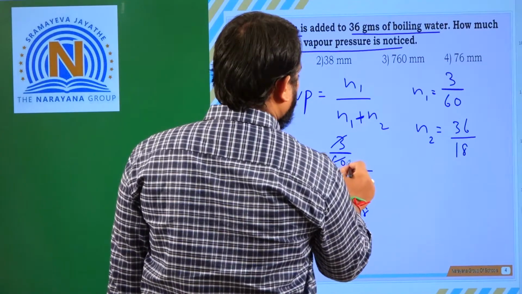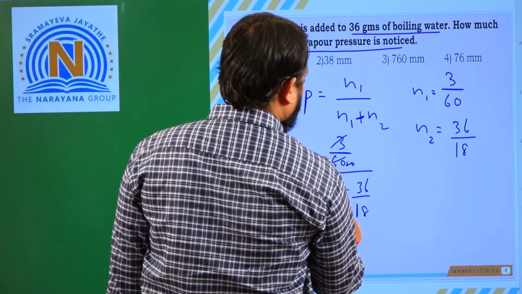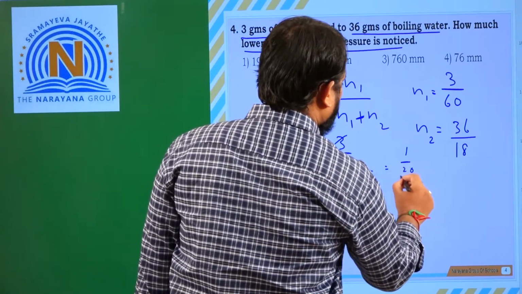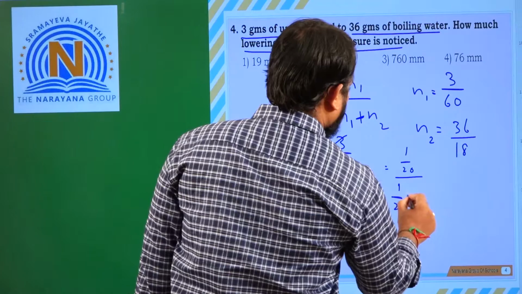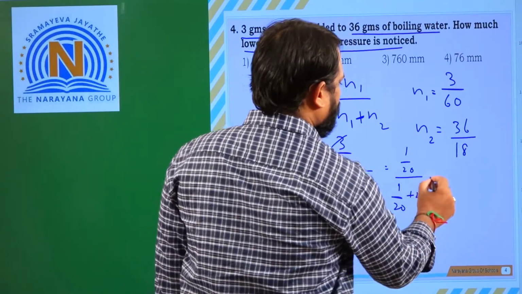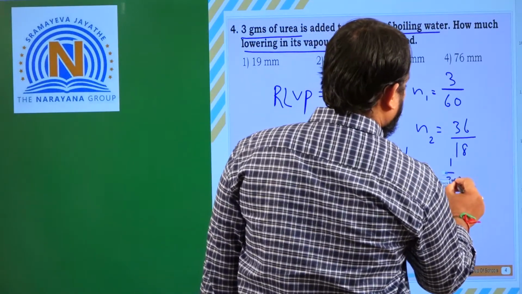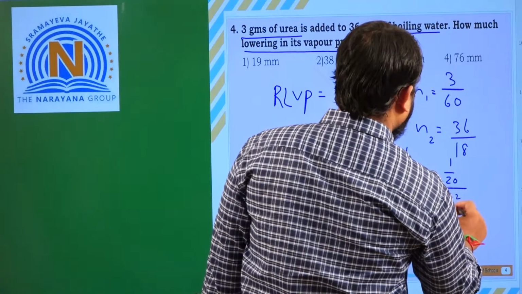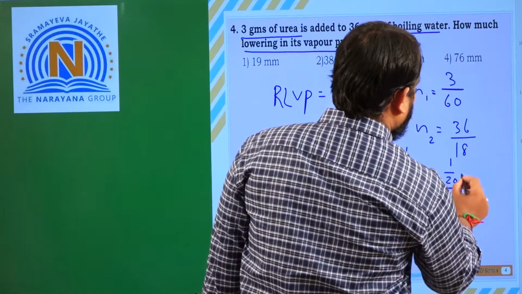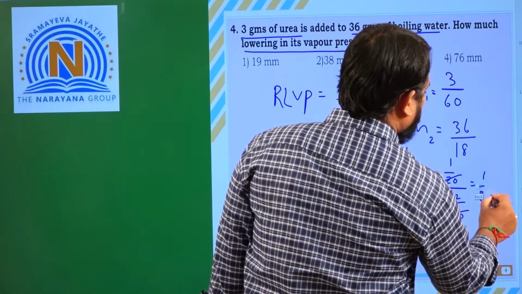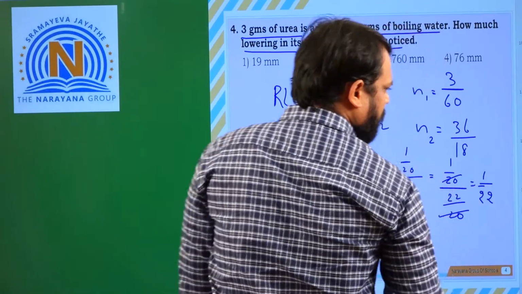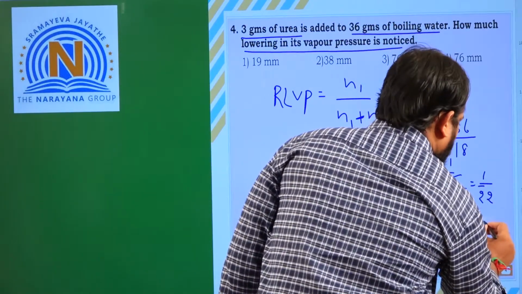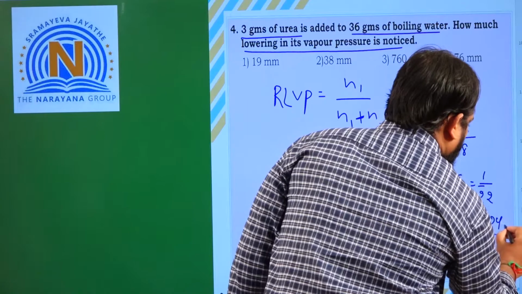That is 1 by 20 over 1 by 20 plus 2, which is 1 by 20 over 41 by 20. You will get approximately 1 by 22, which is 0.024 atmosphere.